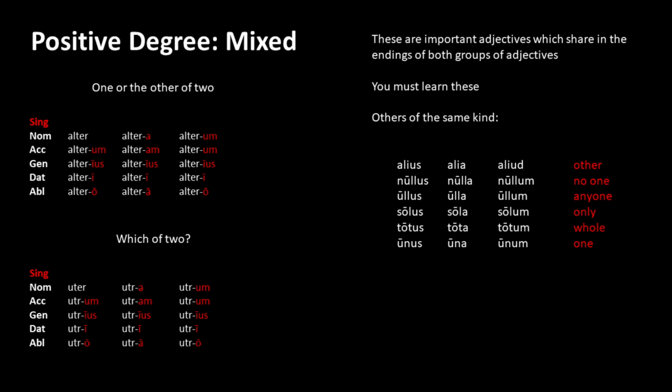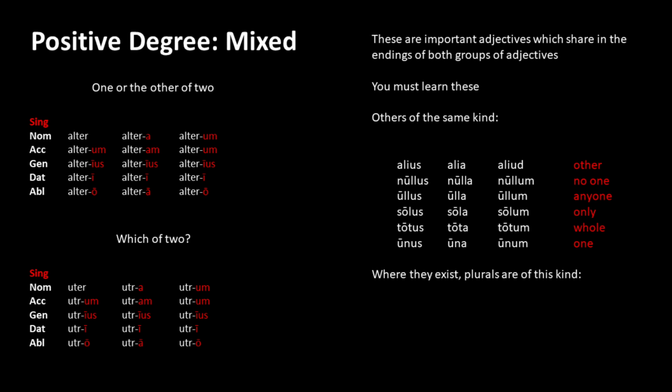So long as you learn either alter, altera, alterum, or uter, utra, utrum, you don't need to sit down and memorize all of these because they follow in exactly the same order. But it is important, indeed it may be essential, for you to be aware of those other adjectives which behave like alter, altera, alterum.